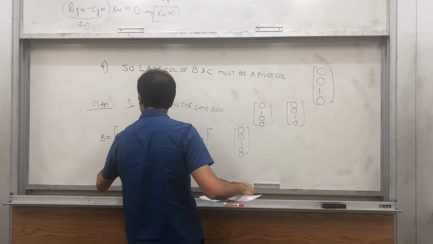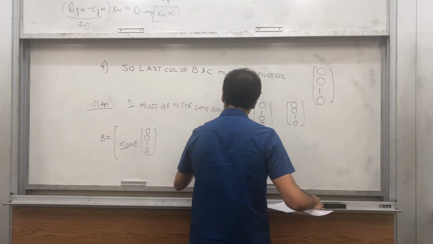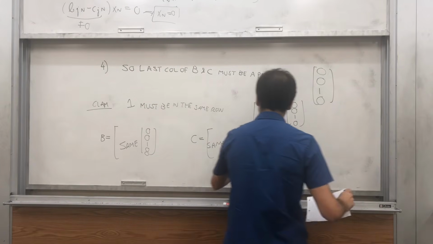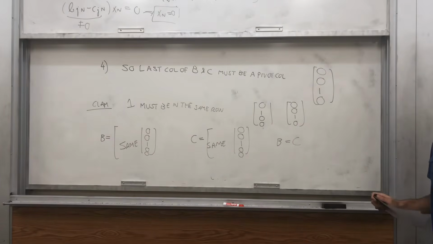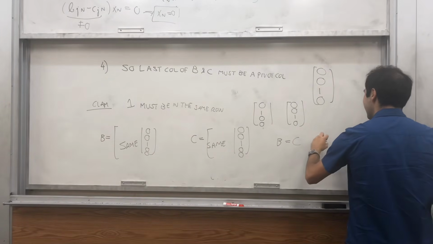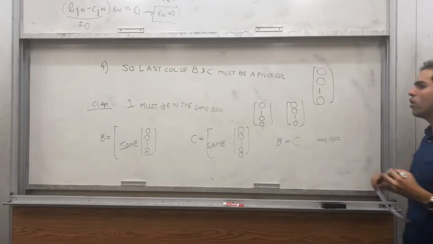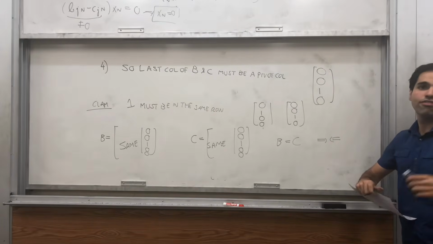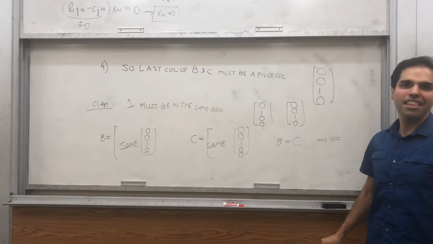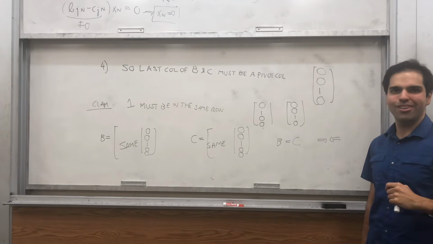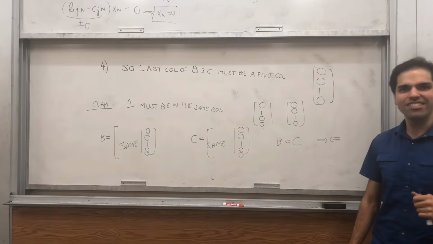By assumption, everything else is the same, which tells us that B equals C, a contradiction with B not equal to C. So if you row reduce A to get two different reduced row echelon forms, that can never happen. Therefore, the reduced row echelon form of a matrix is always unique.